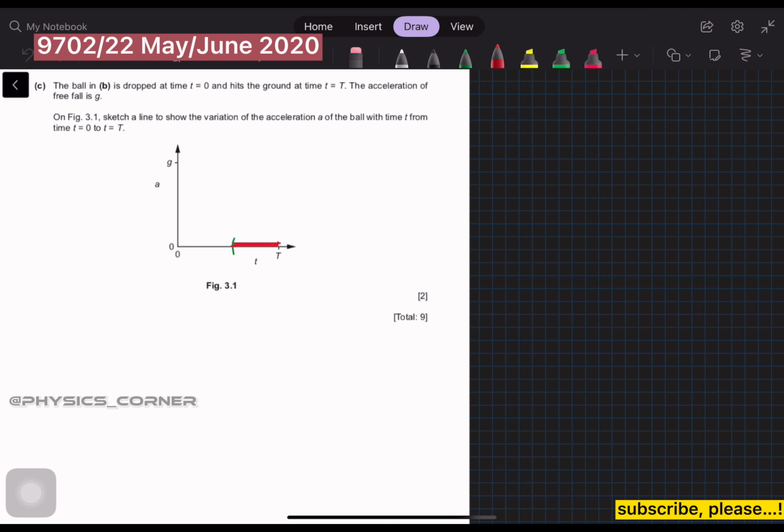From g, the acceleration decreases until the terminal velocity.